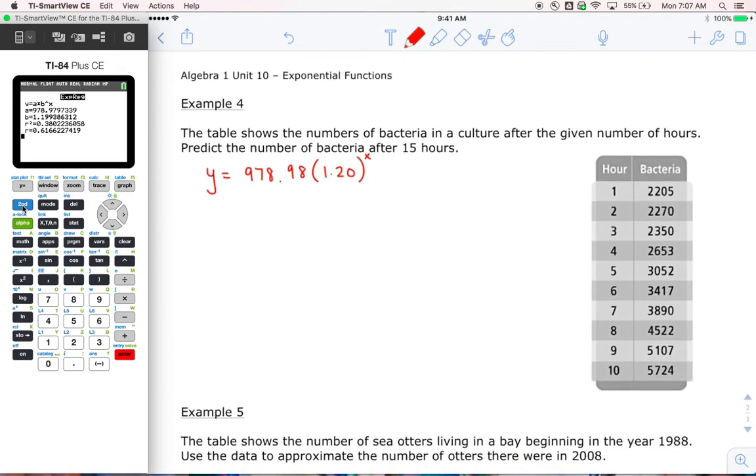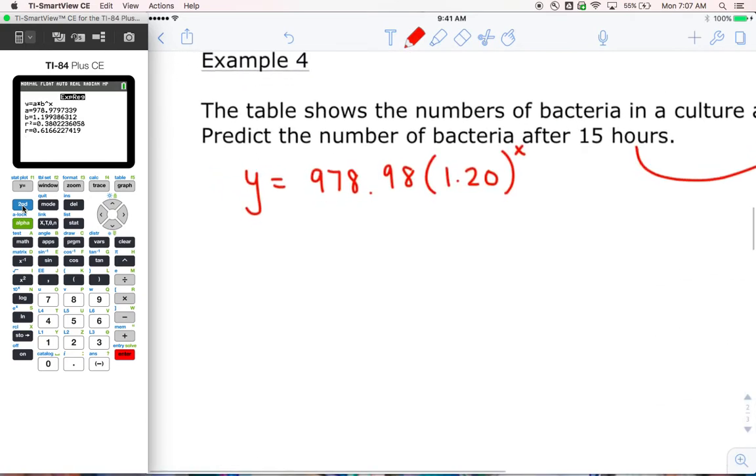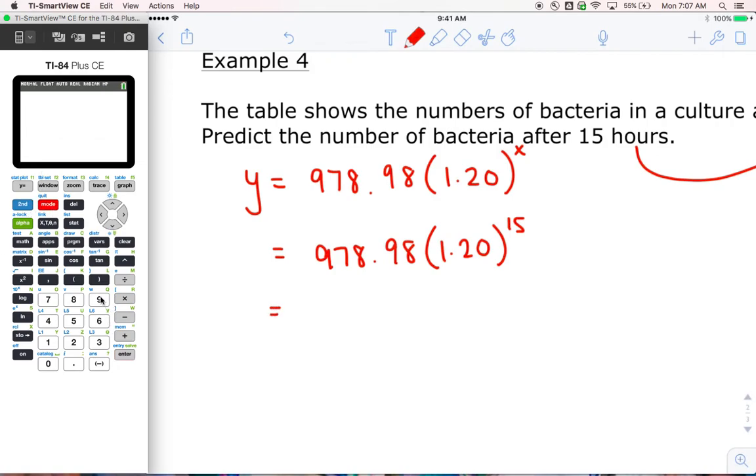Okay, so what we need to do is predict the number of bacteria after 15 hours. Well, we can see that hours is an x value, right? So if we want to predict the number after 15 hours, all we have to do is plug in the number 15 for our exponent. Okay, so let's go ahead and get that done. You can use these rounded numbers.